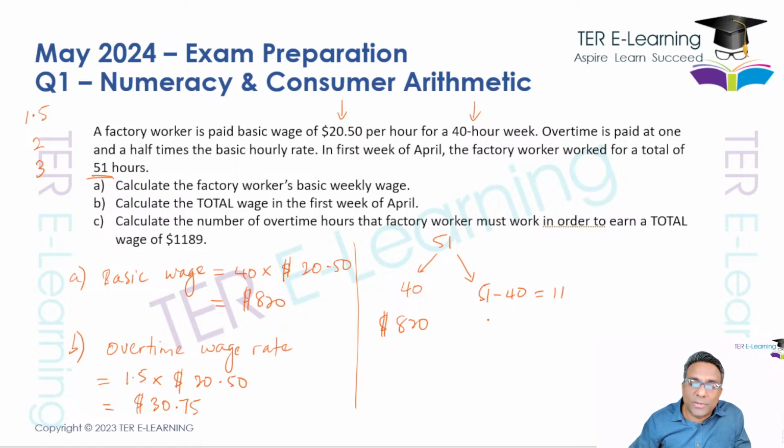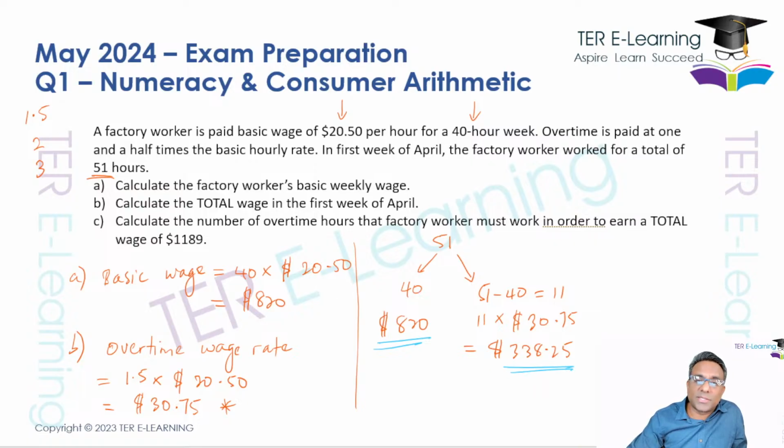So if you want to work out his overtime wage, it's going to be 11 hours multiplied by the hourly rate, $30.75. That's going to give me $338.25. So if he works a total of 51 hours, you take his basic wage plus the overtime.